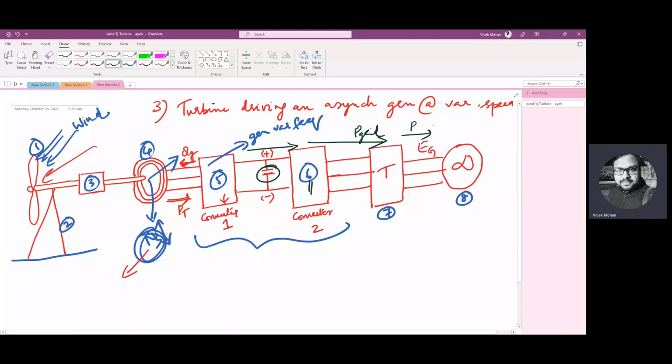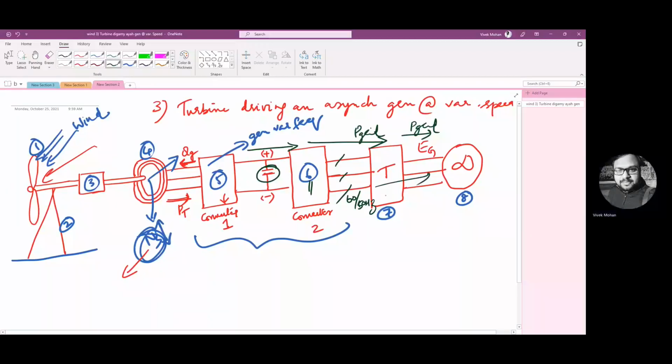Now converter 2 converts this to three-phase at a standard frequency, whether it is 60 or 50 hertz, whatever. That will be done by converter 2, and then to the electric utility grid.